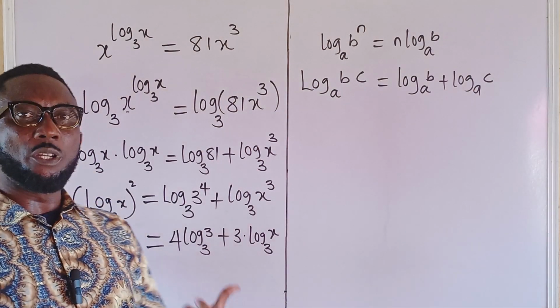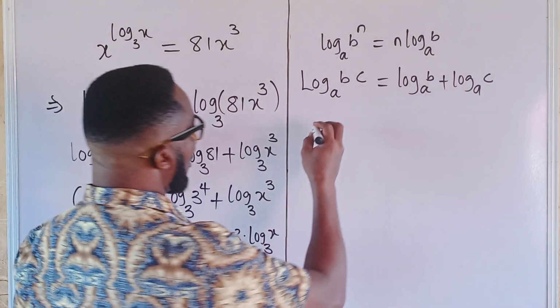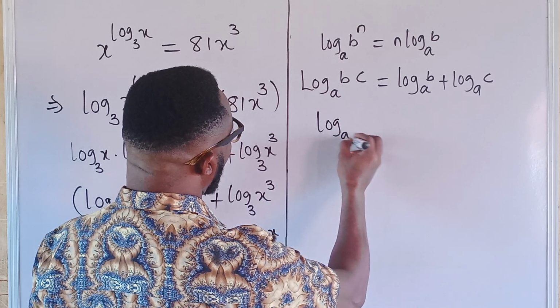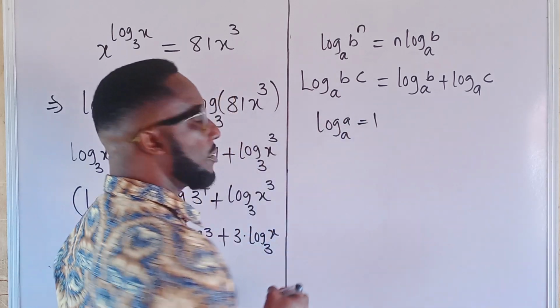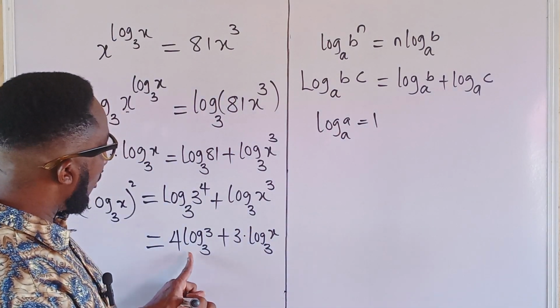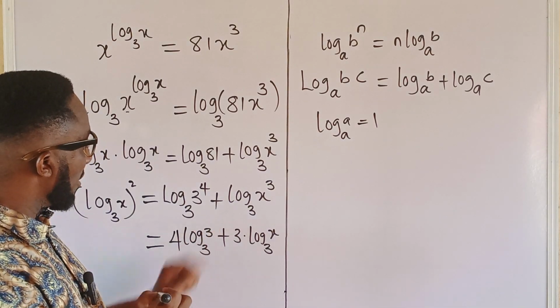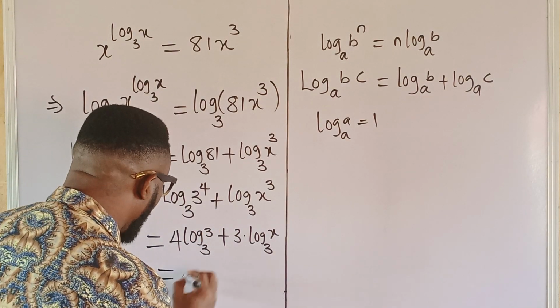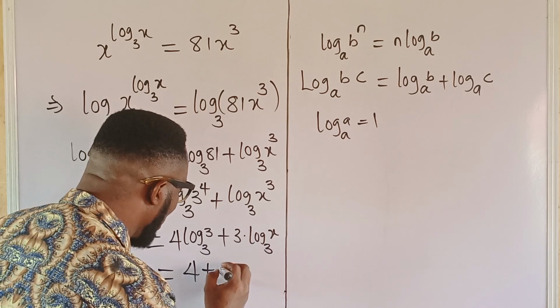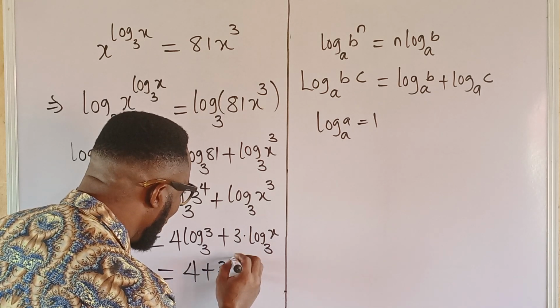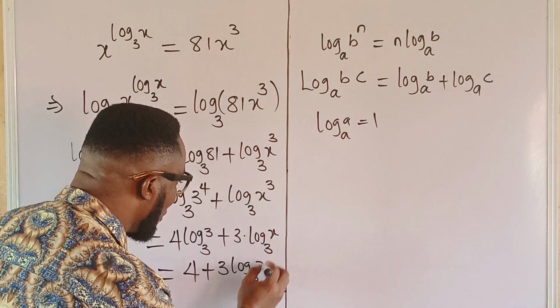Now, there's also a rule in logarithm that says that log of the base of the same argument is 1. So log to base 3 of the argument 3 is 1. So I can write this right side as 4 plus 3 log to base 3 of the argument x.